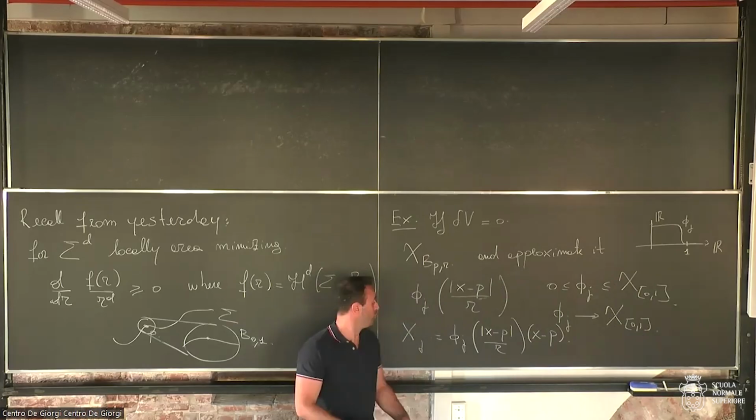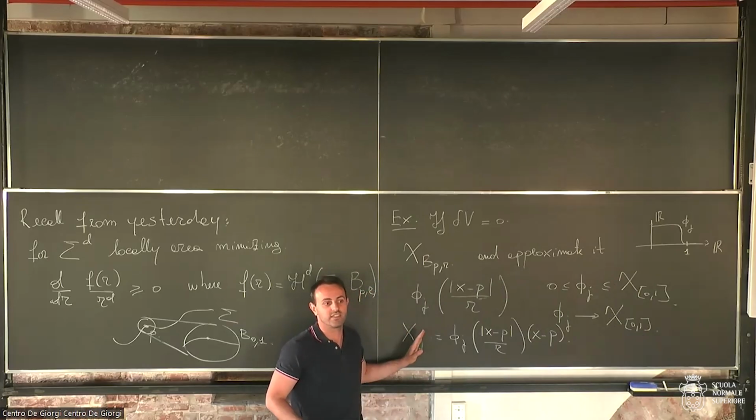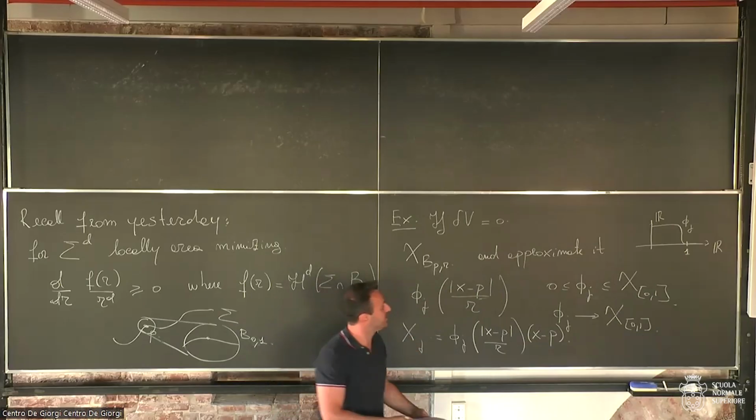So there is not much to do. You just take this vector field and plug it into the first variation.